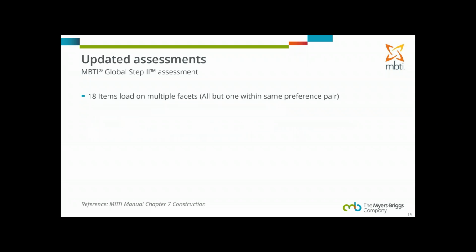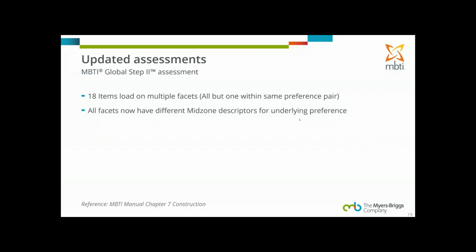A couple of other changes that we made were that we allowed items to load on multiple facets. What that means is there can be an item that is on multiple facets within a preference, and in one case, we allow it to go outside of a preference. The facets all now have additional mid-zone descriptors for the underlying preference in the reports.